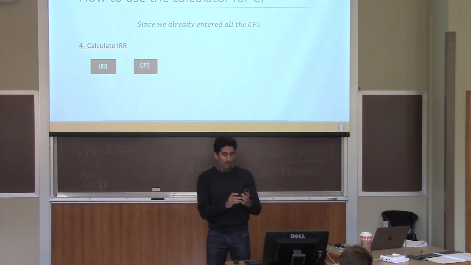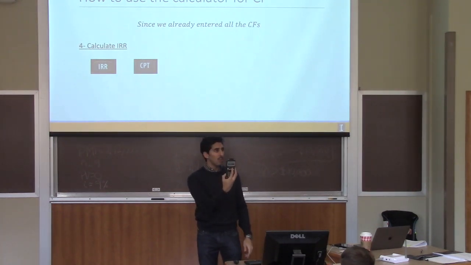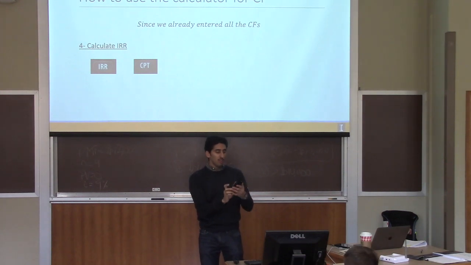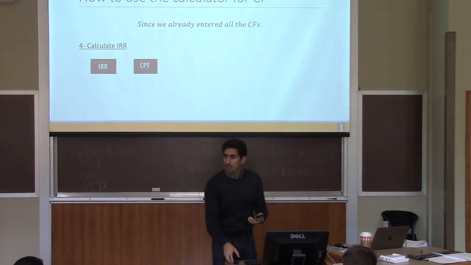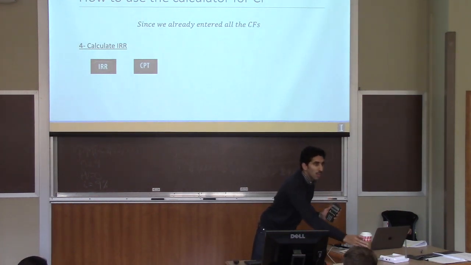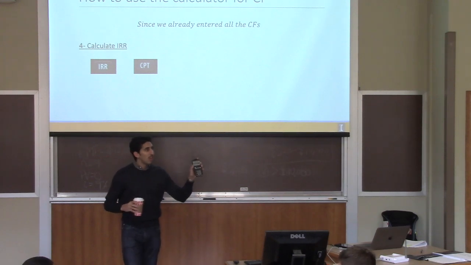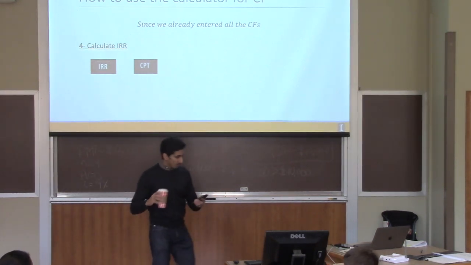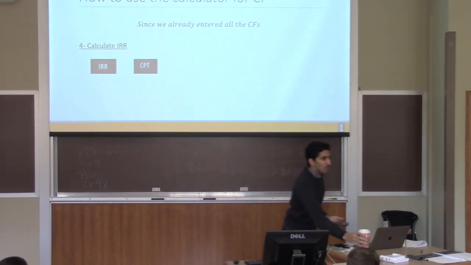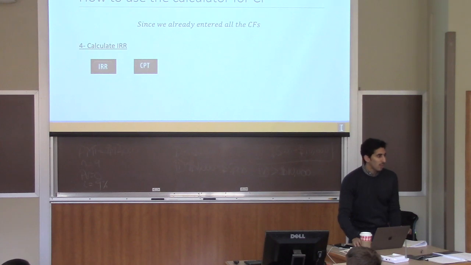We just click IRR, it shows 0, and we click compute. What's the answer? What answer did you get? You just click on the IRR button, and you tell your calculator to compute it for you. 11.56%. Everyone should get the same answer. We're good?